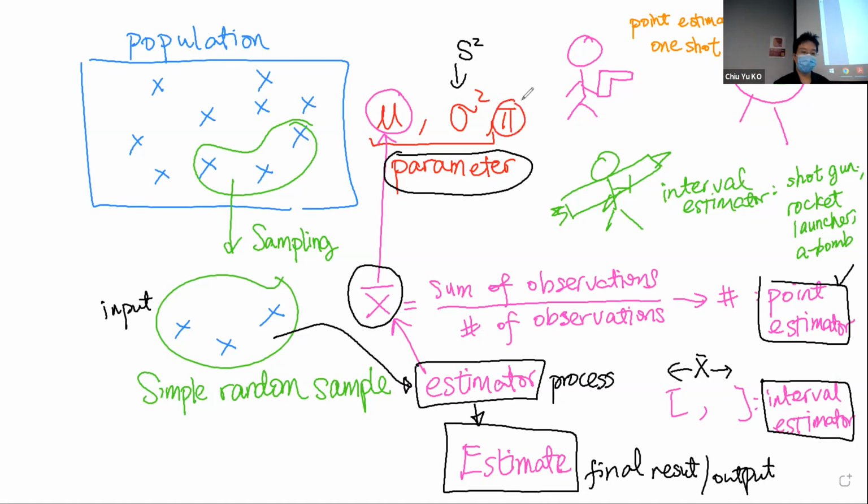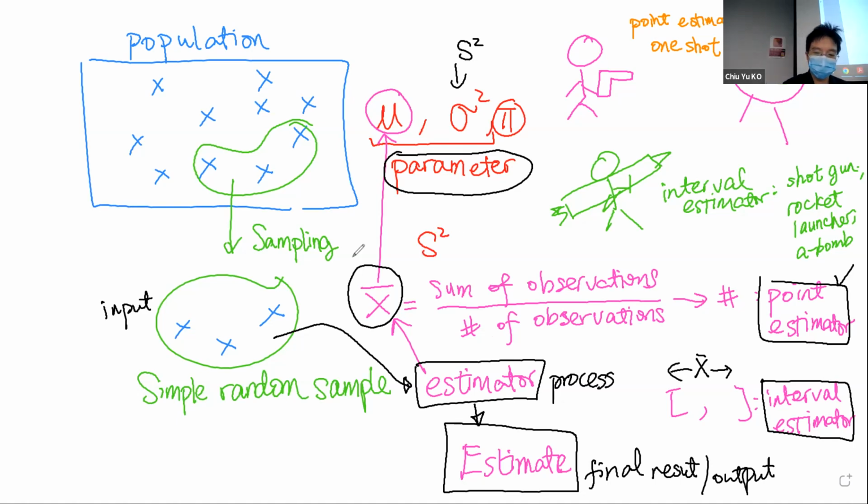Sometimes with proportion data, you may also care about the proportion. The way to guess these is to do sampling. We get some random sample, and how can we guess the parameter? We have some estimator, the way to guess what they are. We have the sample mean and sample variance, and they are called estimators.